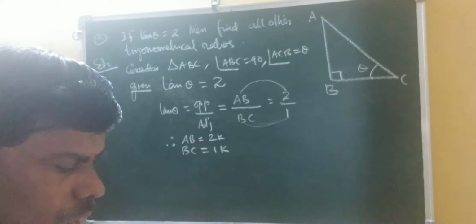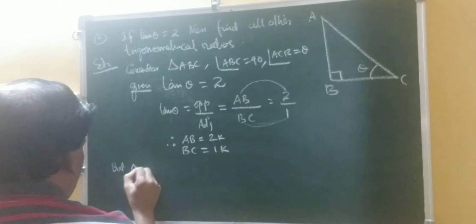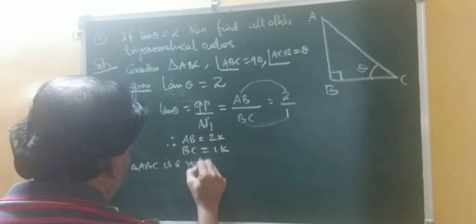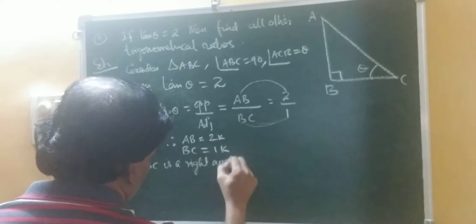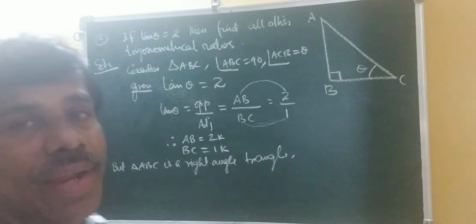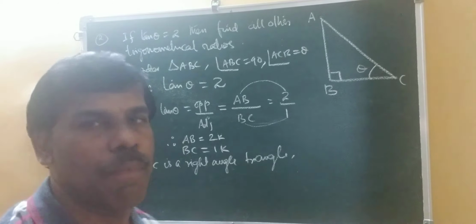Right? Now triangle ABC is a right triangle. So right triangle means what will come to your mind? Pythagoras theorem can be applied.